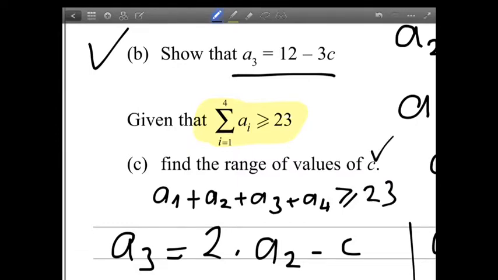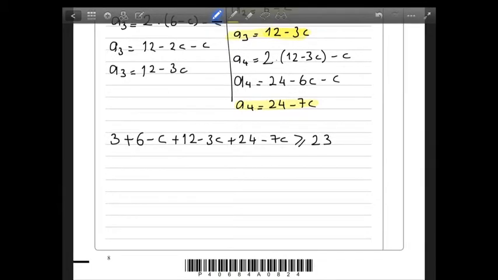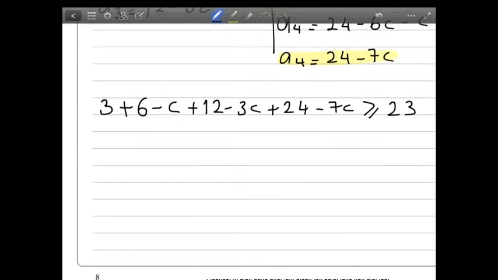And then we will find the range of C. We have A sub 1 as 3, plus A sub 2, 6 minus C, and A sub 3, 12 minus 3C, and A sub 4, plus 24 minus 7C is greater than or equal to 23. We just have the calculation here.